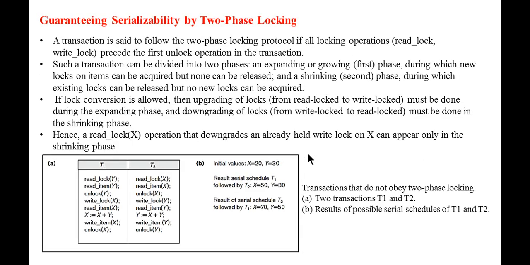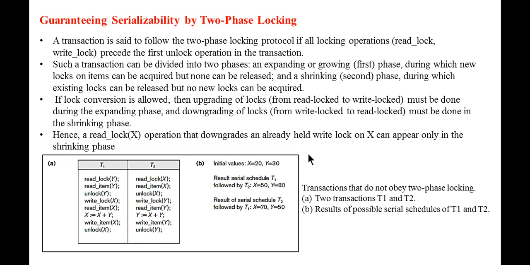Now come to the two-phase locking technique. As the name suggests, there are two phases or two levels, you can say. The first phase is called the growing phase, and the second phase is called the shrinking phase. The growing phase is also known as the expanding phase.